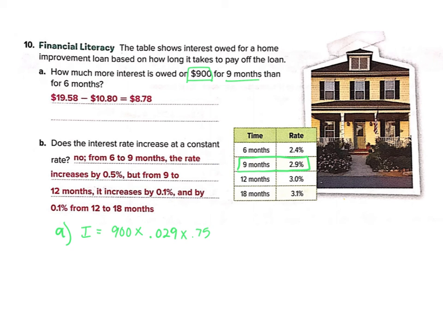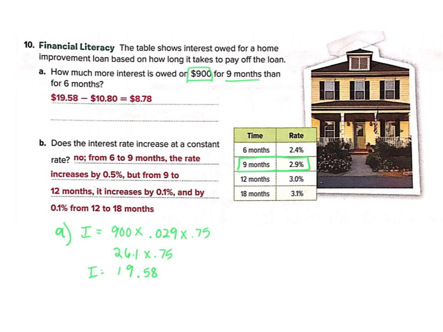So then when I multiply all of this out, 900 times 0.029, I get 26.1. And then I have to multiply that by the 0.75, and I get $19.58.